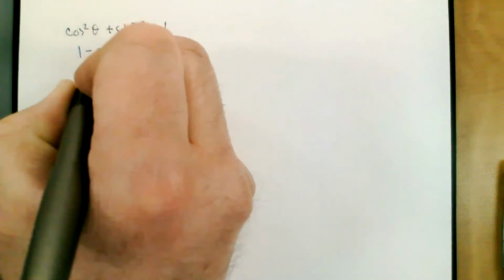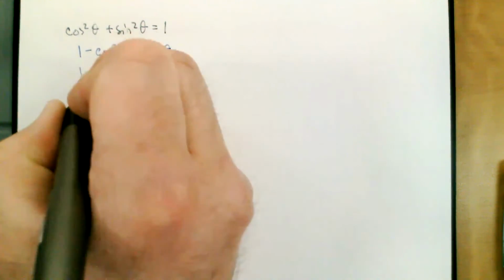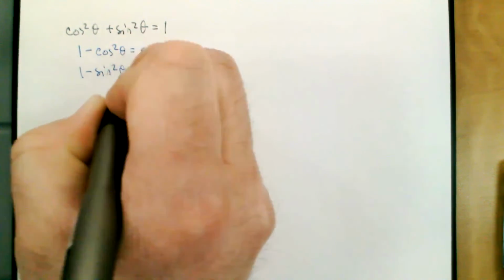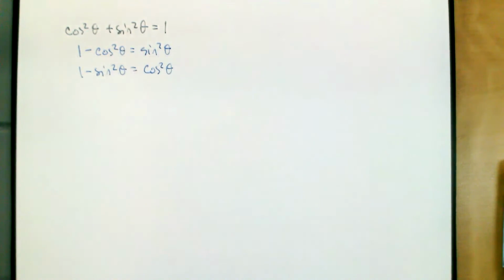We could write 1 minus cosine squared is sine squared, or 1 minus sine squared is cosine squared. It's helpful if you have all of them loaded up and ready to go.